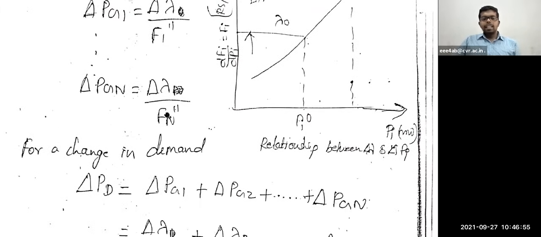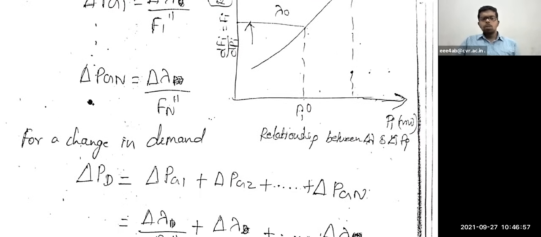Next, for the change in the demand, how do we calculate it? You know very well the power balance equation. What is the power balance equation? Whatever the power generation is, that equals the demand. Demand is nothing but the sum of the power generation.